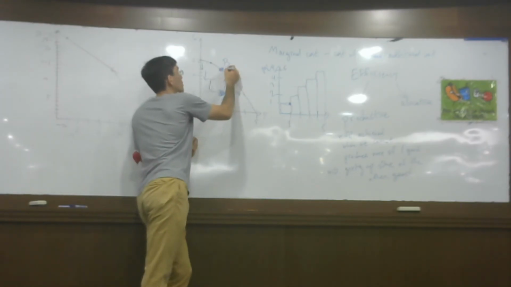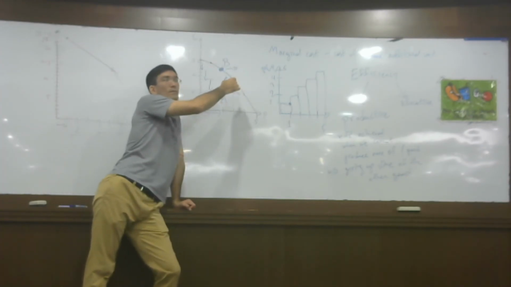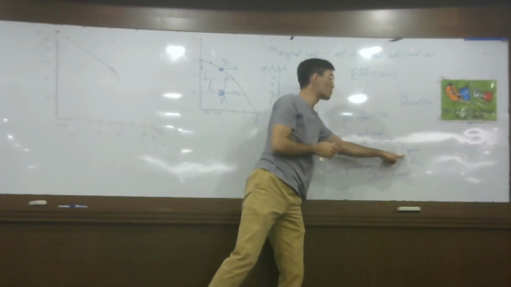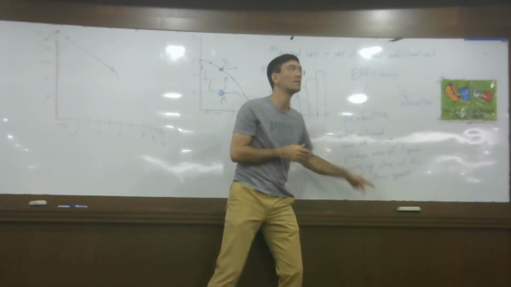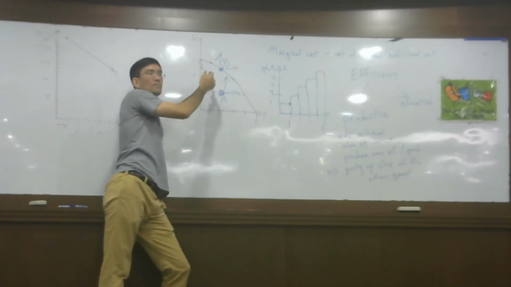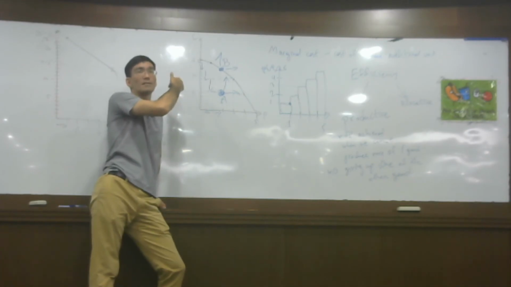So I cannot have more pizza without giving up cake. I cannot move straight to the right. I also must go down, right? Let's say one good is pizza. I cannot have more pizza without giving up some of the cakes. And vice versa. I cannot just go up. I need to also lean to the left as I move up.